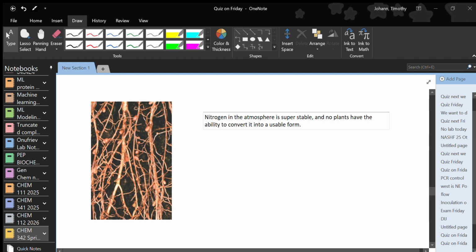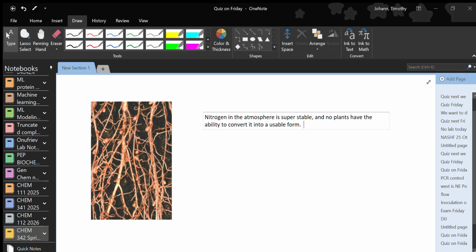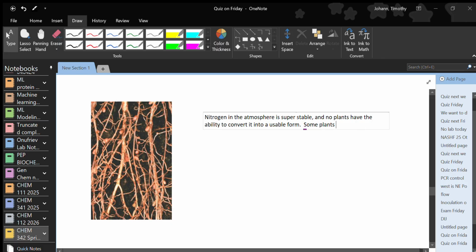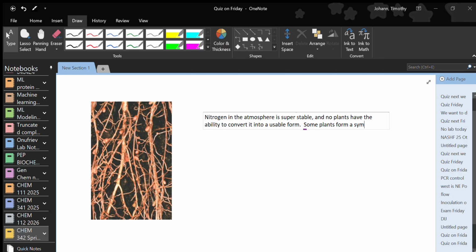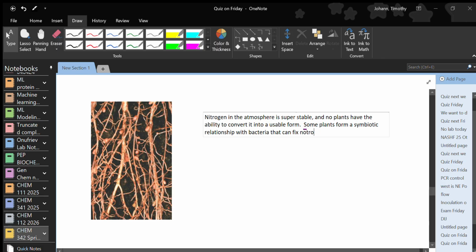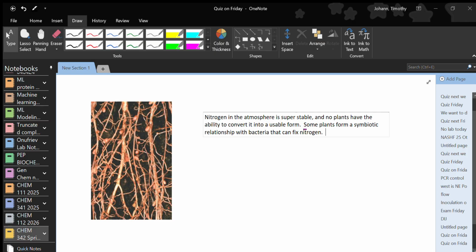Some plants actually form a symbiotic relationship with bacteria that can fix the nitrogen for them. So here, we're talking about beans and clover as examples of plants that can do this. And what they have is nodules in their roots that actually contain colonies of bacteria.